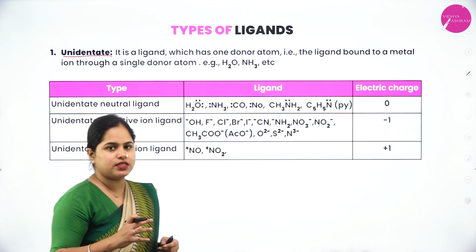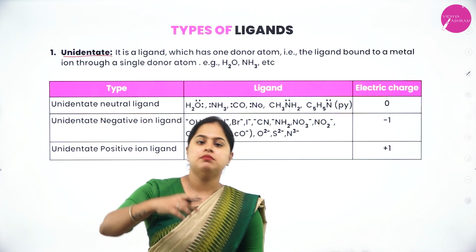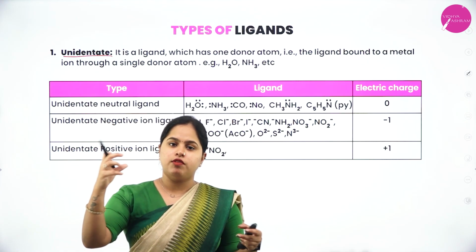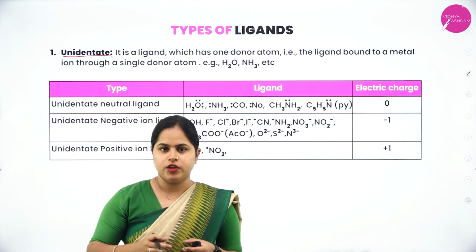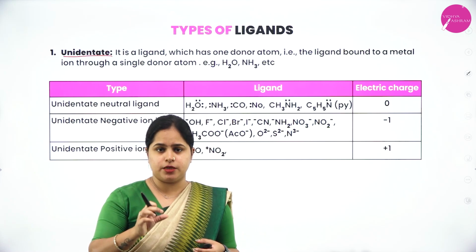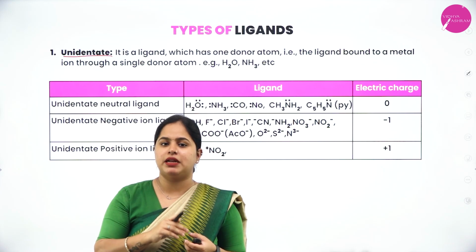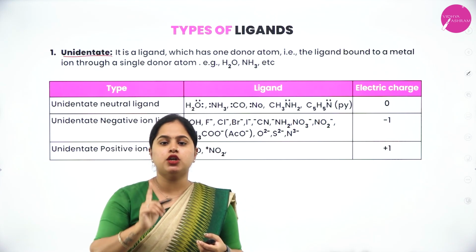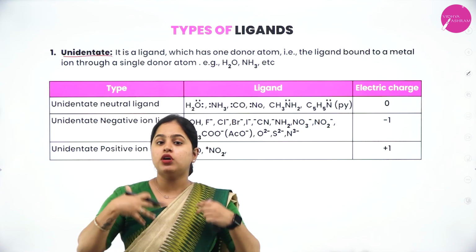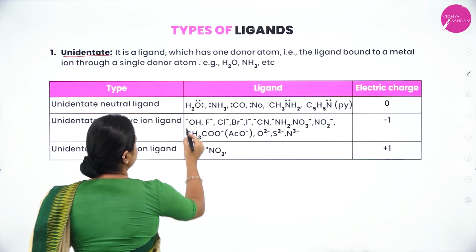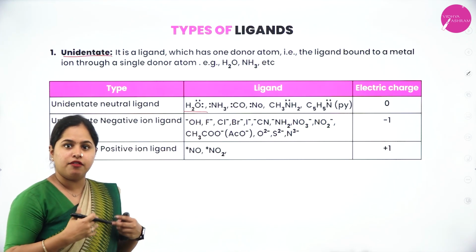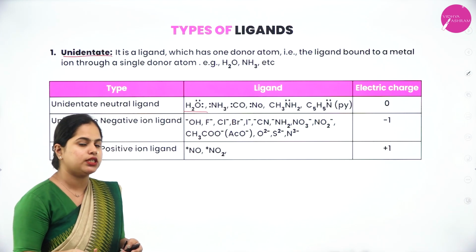As we have discussed, the central metal atom and the surrounding ligand will form a coordinate bond with each other. So a unidentate ligand will form a coordinate bond with the central metal atom through one single donor atom. Even though it is a molecule, for example H2O, it has a hydrogen atom as well as an oxygen atom, right?